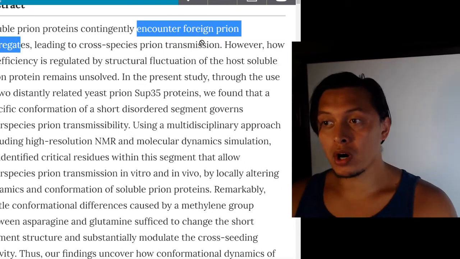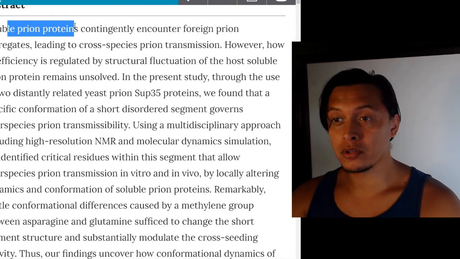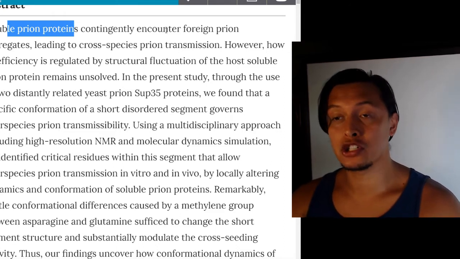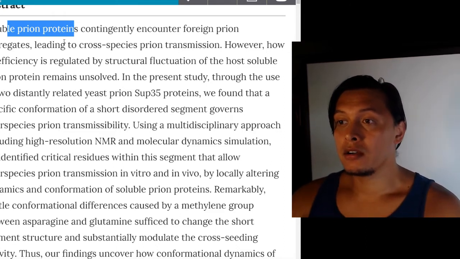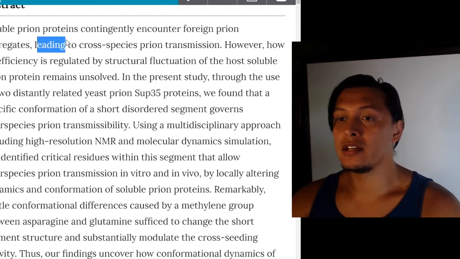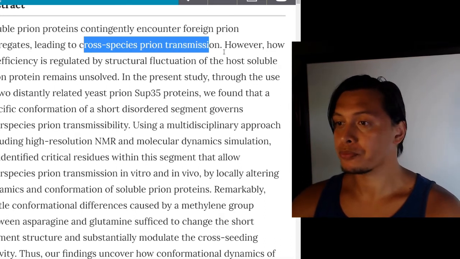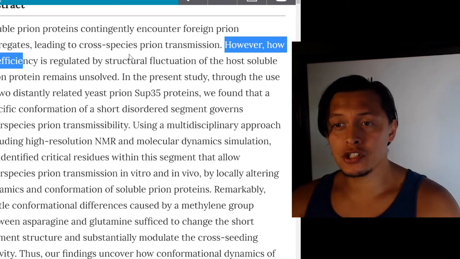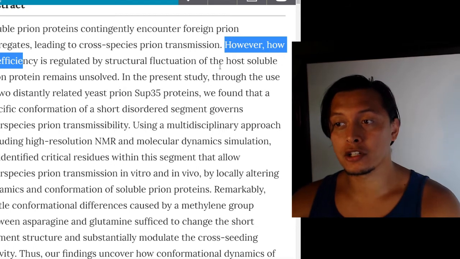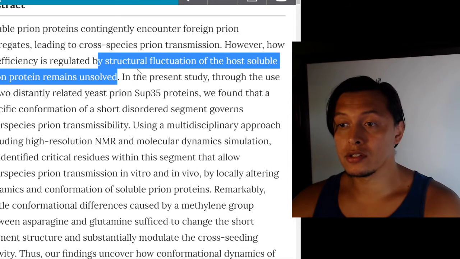Remember, these prions form aggregates, and soluble prion proteins will eventually, as they're floating around, meet one of these aggregates. And then this could cause cross-species prion transmission. However, how its efficiency is regulated by structural fluctuations of the host soluble prion protein remains unsolved.